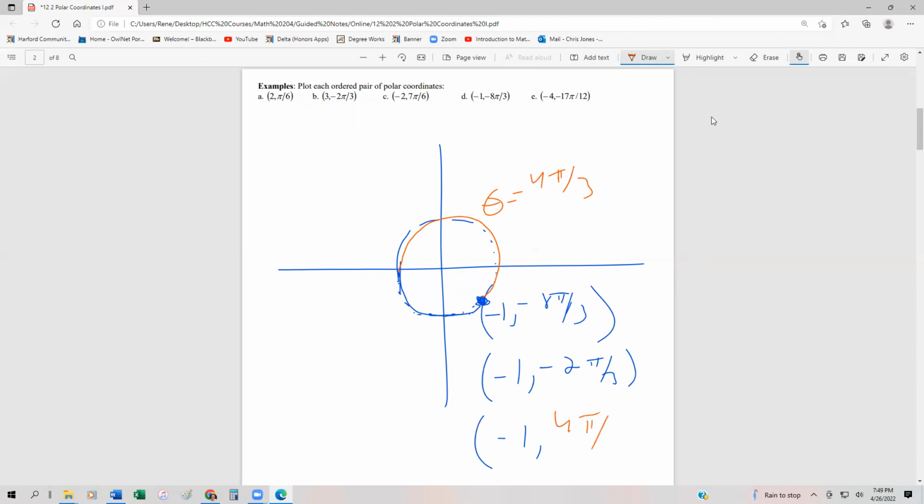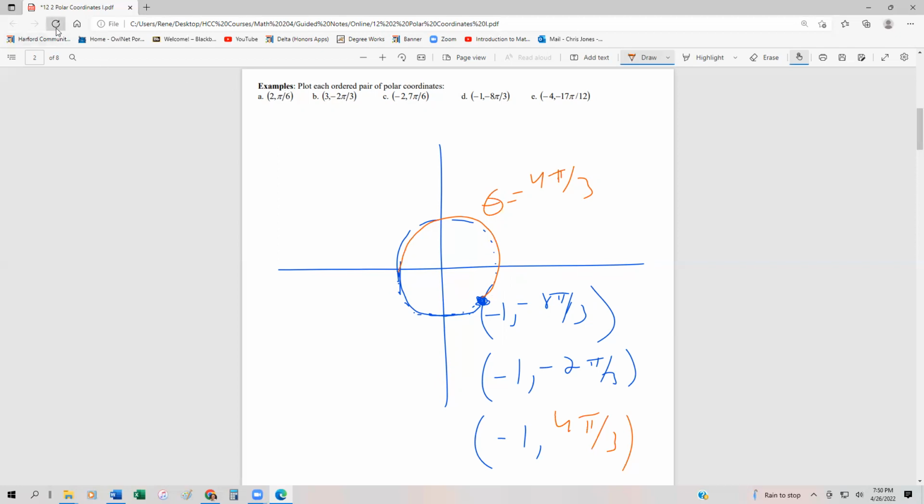So another way to plot this would be negative 1, 4 pi thirds. If we added another 2 pi, we get 10 pi thirds, 16 pi thirds, 22 pi thirds, etc., and they would all be the same terminal point. So we have an infinite number of different ways to plot these.